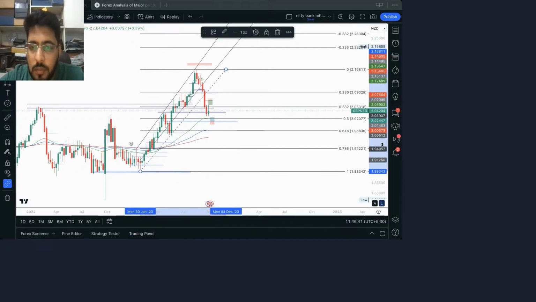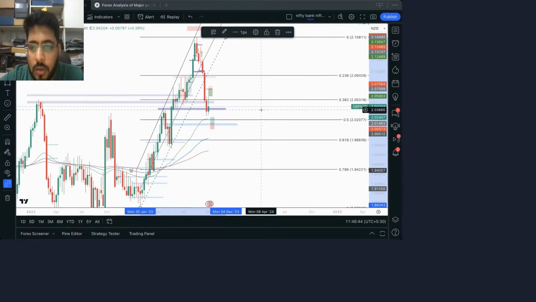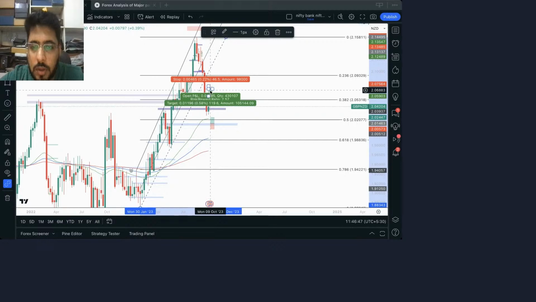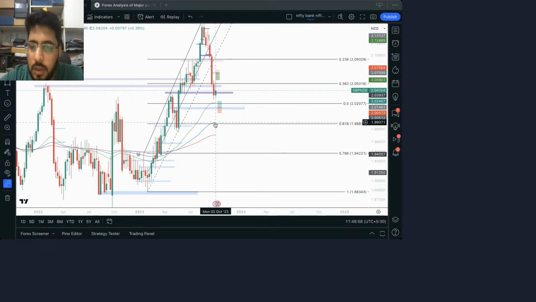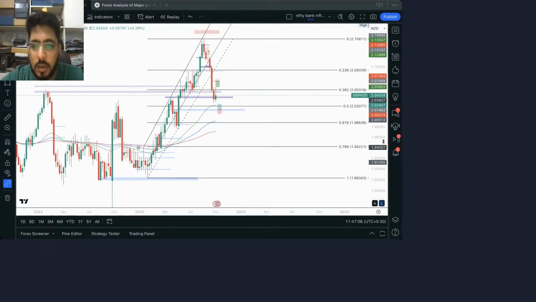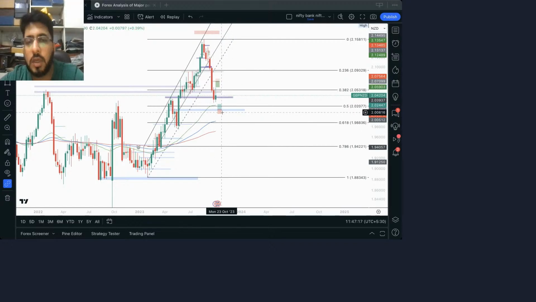So it might go a bit lower from the fib area because the distance to the current point is the same, and we have strong support and resistance at both points. After this, this 68 is again 100 EMA and 68 on a weekly time frame, and it's a strong zone. So we can definitely take trade, but it might go over there maybe this week or next week.